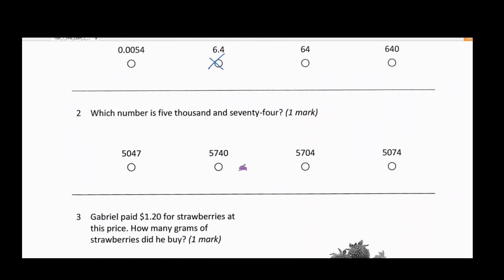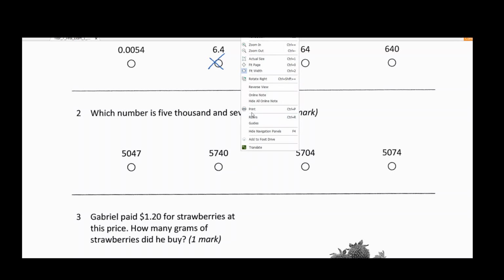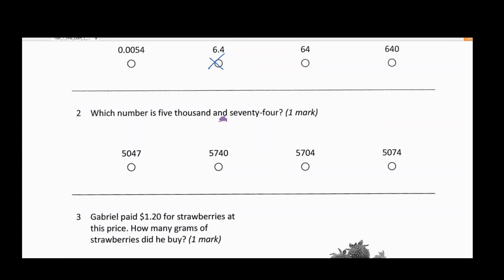Yep, that's right. Which number is 5,074? 5,074. So we'll look at that. This one here.